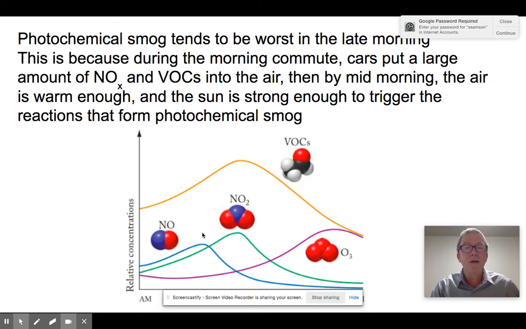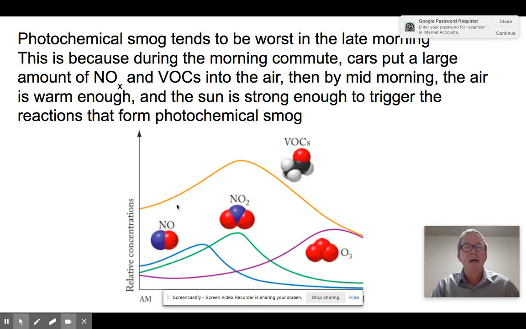Those cars put NO and NO2 into the air in fairly high abundance, which we see here. And then what happens is, as the sun comes up, the ground gets warm, and those VOCs are just present in the atmosphere in normal abundance.